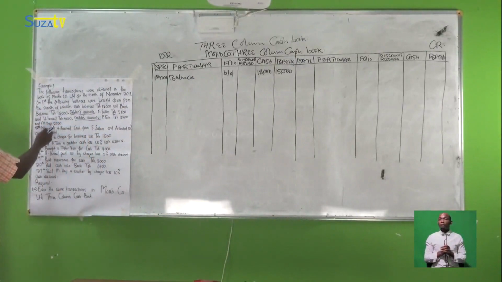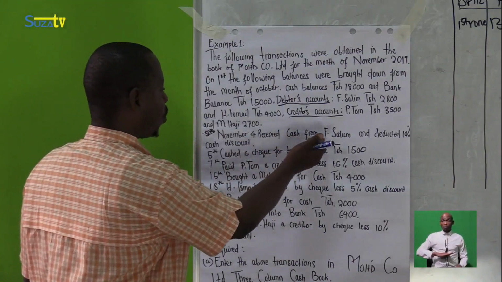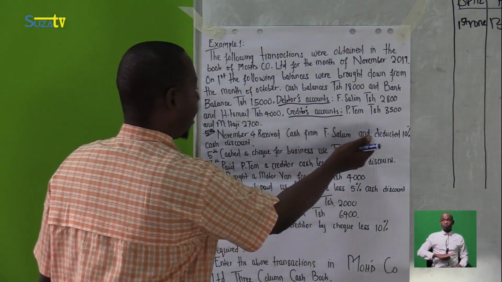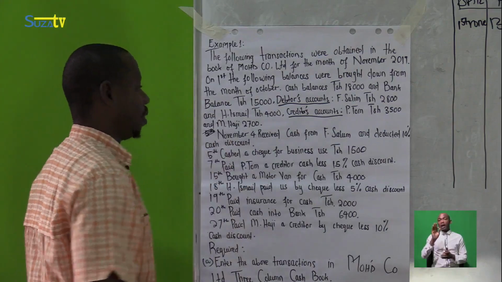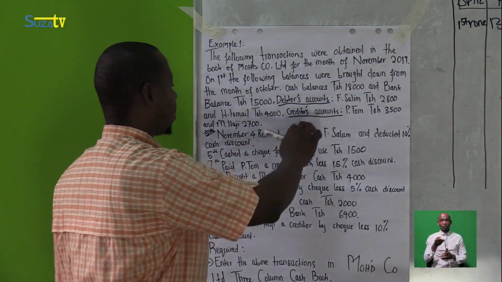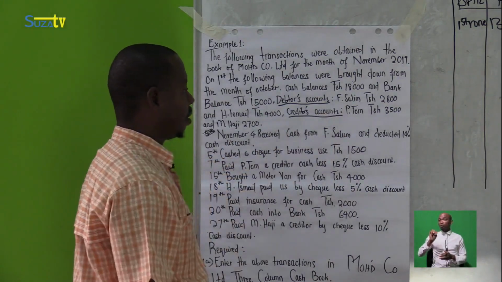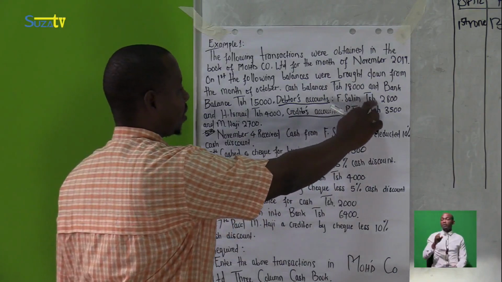Another transaction on November 4th: received cash from F. Salom and deducted a 10% cash discount. F. Salom is a debtor. Have you seen?